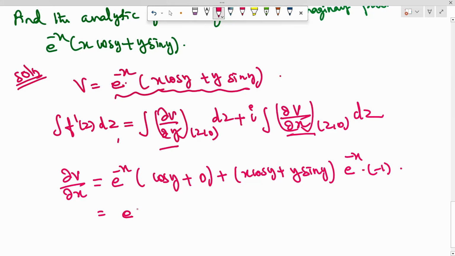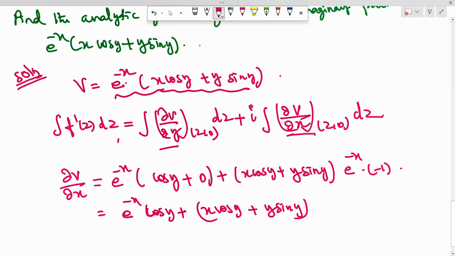Therefore e power minus x into cos y plus x cos y plus y sin y into e power minus x into minus 1 is there.